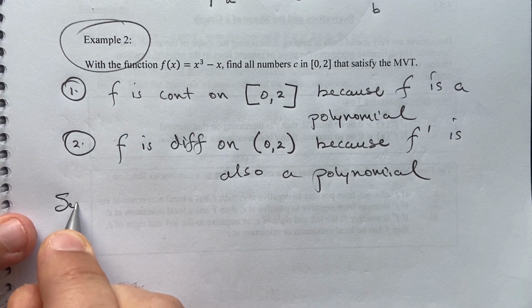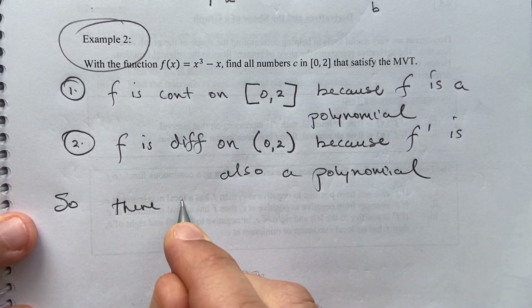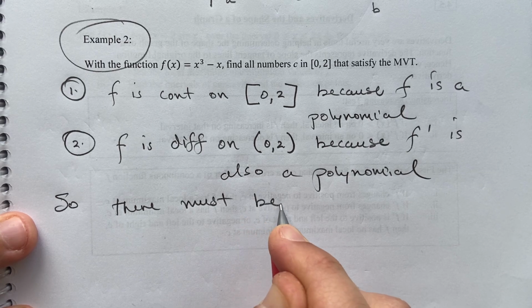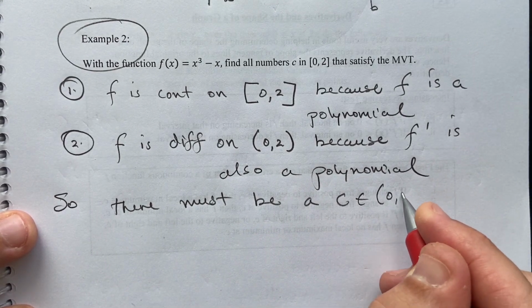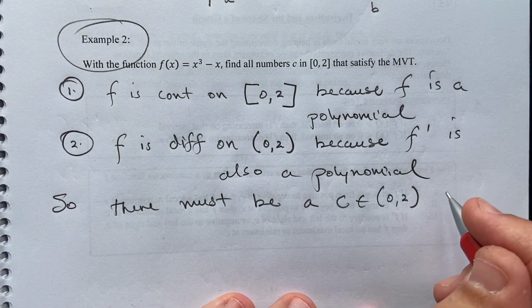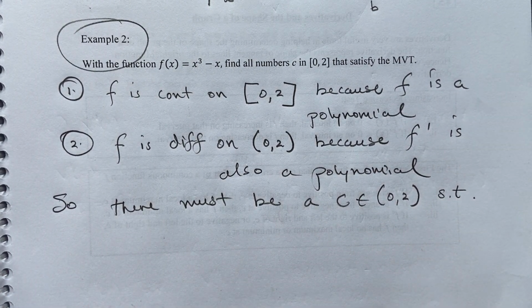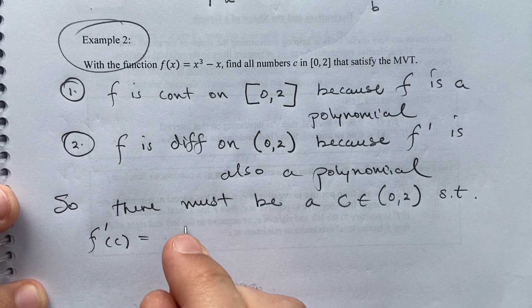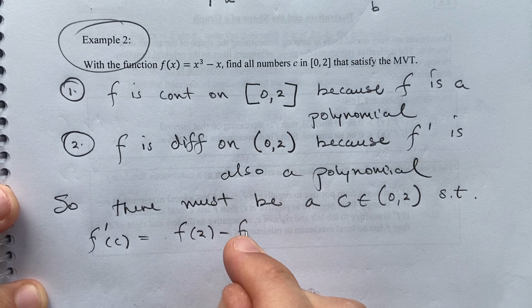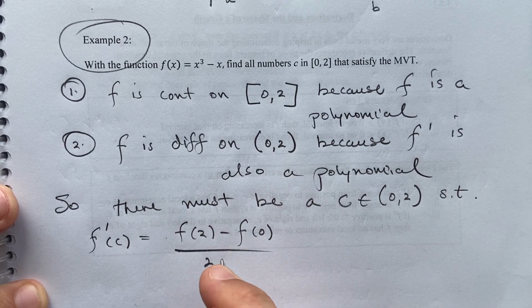So there must be a c in 0 to 2 such that f prime of c equals f of 2 minus f of 0 over 2 minus 0.